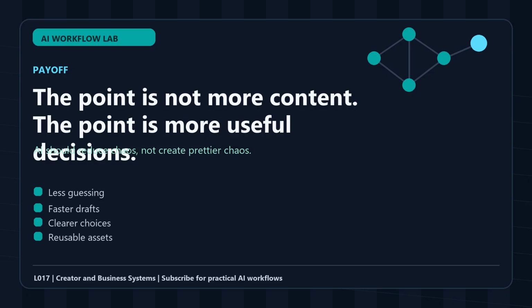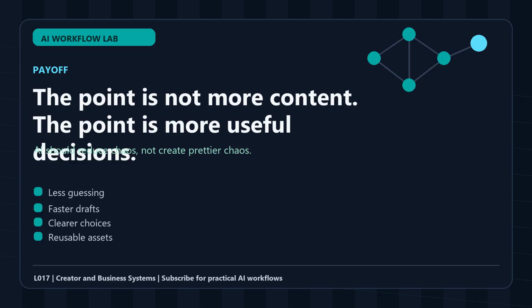Additional implementation pass. For build a content calendar fast with AI, the safest way to improve the workflow is to run it 3 times with 3 different examples. The first example should be easy, so you can confirm the structure works. The second example should be messy, so you can find weak rules.